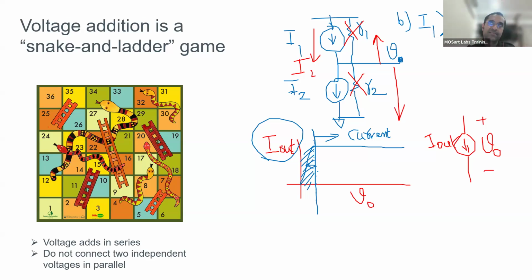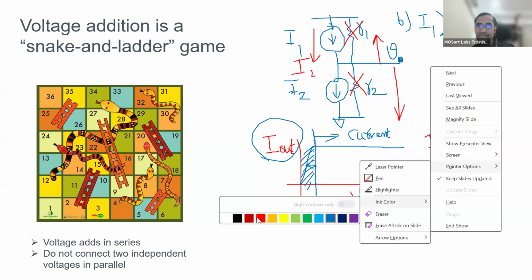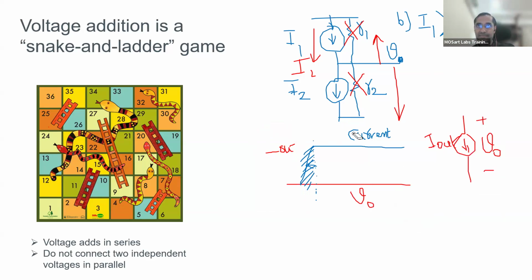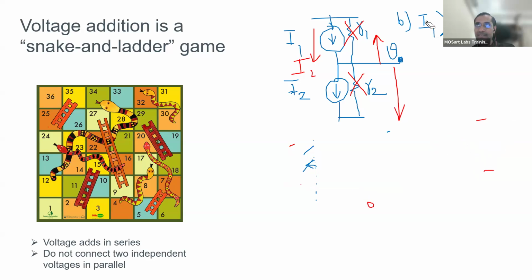And even in practical circuits, when you replace this current source with MOSFETs, this is what happens. Let me just replace these current sources with MOSFETs.